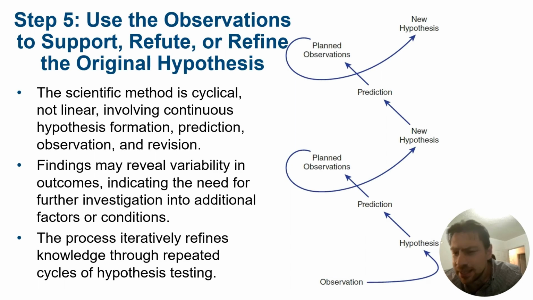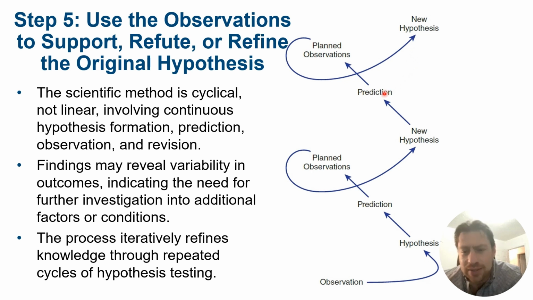So what we can glean from this discussion is that science is a cyclical and iterative process, right? You begin with your observations, you form a hypothesis, you make your predictions, you collect your data, you test your data, you evaluate the hypothesis in light of the data, and oftentimes that will result in a new hypothesis, a refined hypothesis, a version 2.0 of the hypothesis, where the process begins anew and so on and so forth.